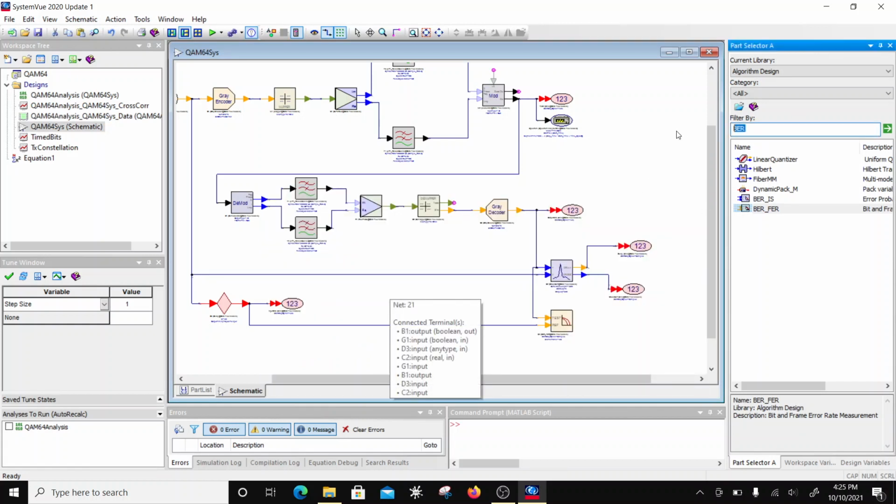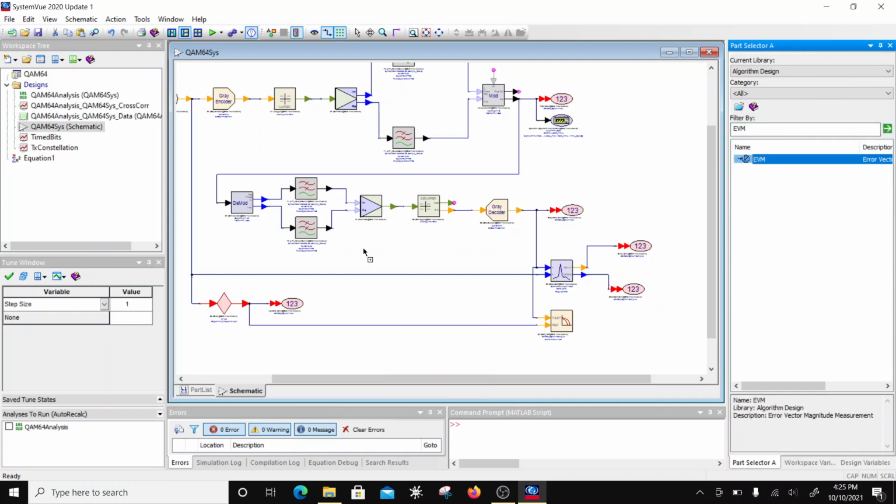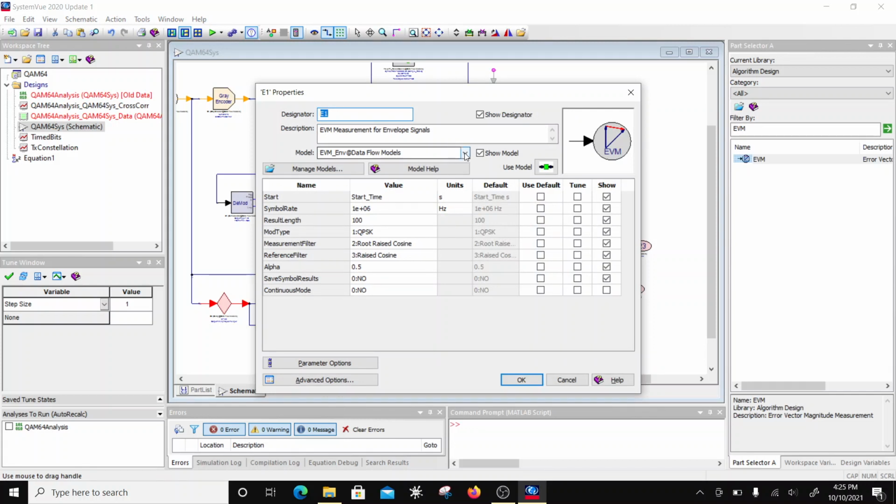So here I would put EVM, and for EVM over here I'm going to look at the complex signal rather than the envelope. Here I have left the first 400 samples, and then symbol rate is sample rate by 6, right?